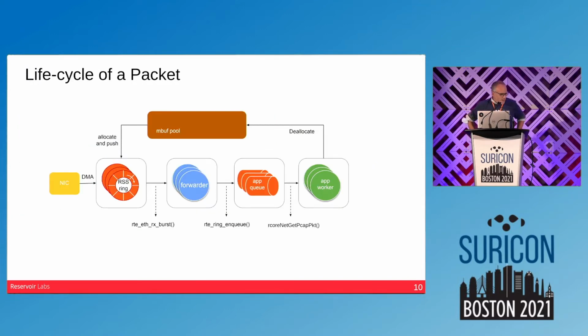In terms of the life cycle, we continue to work our way through the architecture and some of the concepts. The life cycle of a packet incorporates the notion of memory management, if you will. So again, data flowing from left to right: you have a NIC or a VNIC that DMAs packets to the RSS rings, and that's done based on, as I mentioned, the hashing.